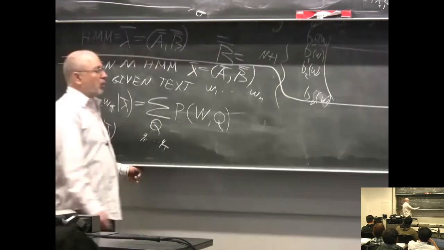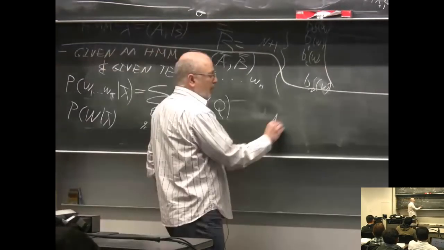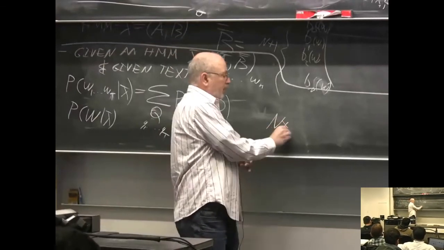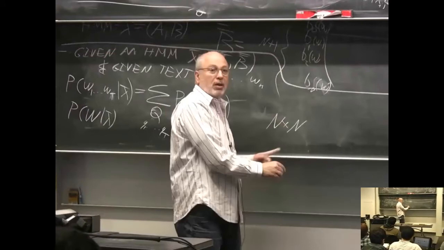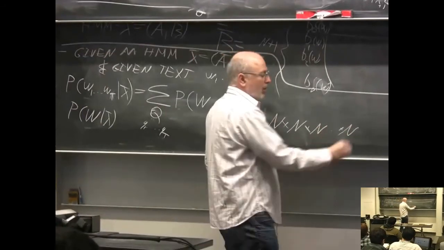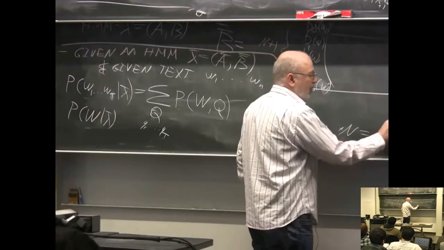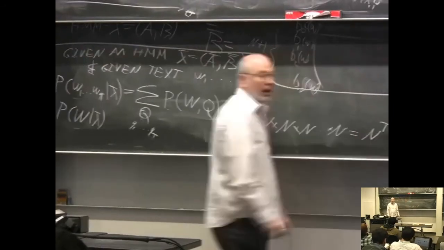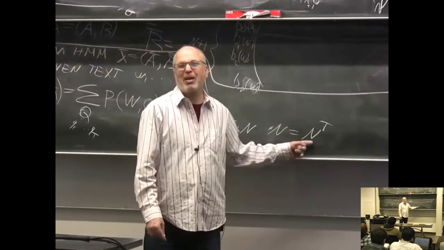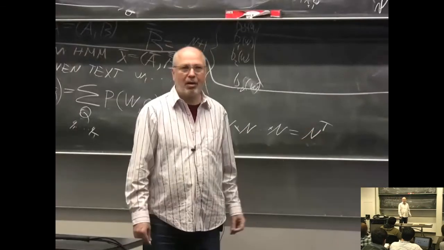So it will be N possible parts of speech for the first word, times N possible parts of speech for the second word, times N possible parts of speech for the third word, right? All the way to the Tth word. So that would be N to the power of T. I also pretended that there are N plus 1 parts of speech. So it'll be N plus 1 to the power of T. Okay, close enough.